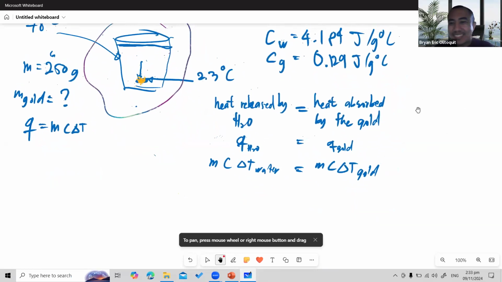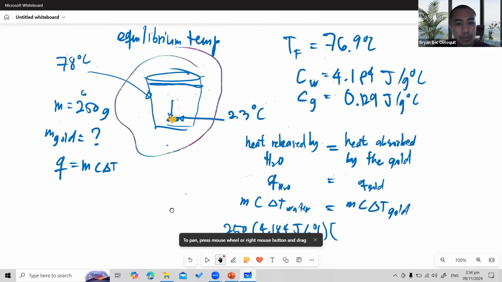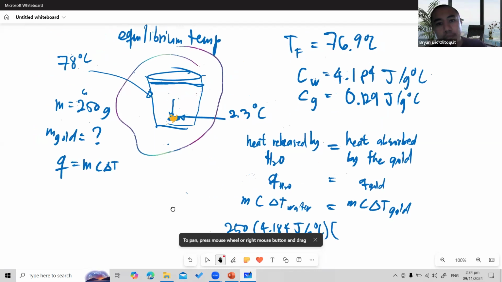MC delta T for the water is equivalent to MC delta T for the gold. Mass ng water, we have 250 multiplied by the specific heat of water as 4.184 joule per gram degree Celsius, and the change in temperature of the water is from the initial temperature of 78 papunta ngayon sa final temperature na 76.9.